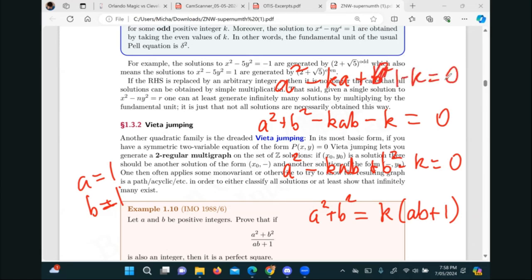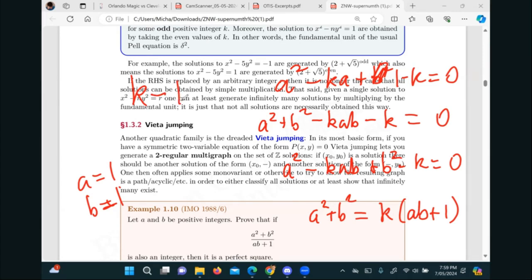This quadratic equation has the solution a equals 1. I guess why it's Vieta-Jumping is because you can find the other solution without solving the equation. The sum of the roots is k, and one of the roots is 1, so the other root must be k minus 1.